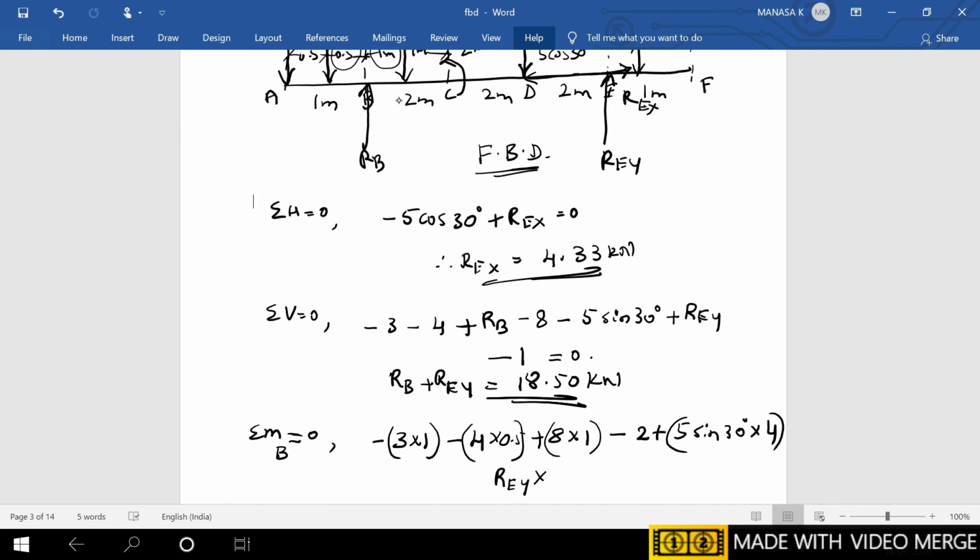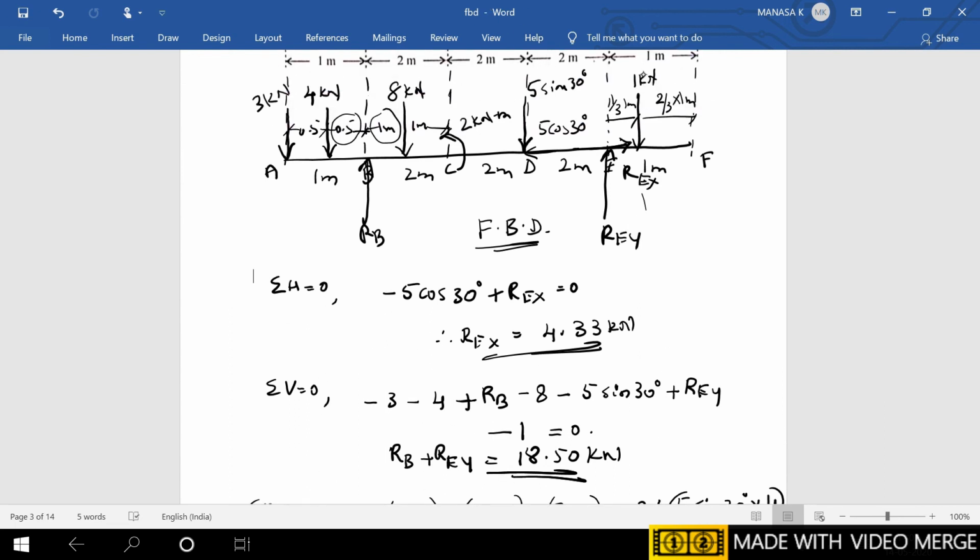So it is a distance of 2 plus 2 plus 2, that is 6 meter. With what kind of effect? Now the arrow mark is upward, so it will act in an anti-clockwise manner to point B. So it is minus.